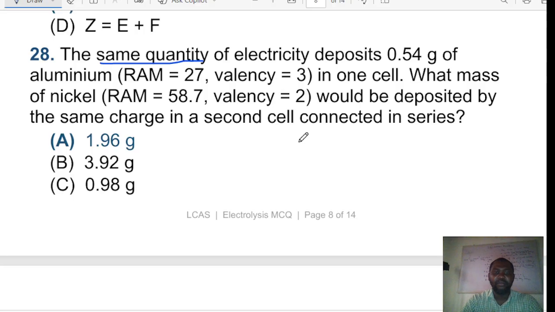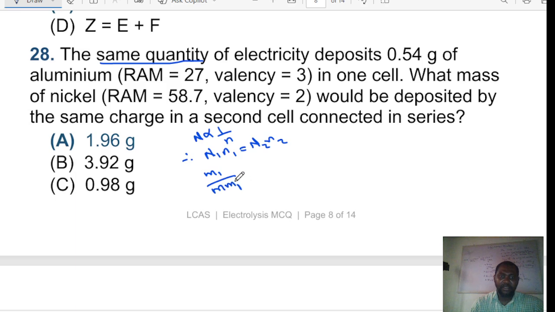According to Faraday's second law, the number of moles of substance is inversely proportional to the number of electrons, which means I can say N1 is equal to N2 for inverse relation, which I can write as M1 over molar mass 1, times its number of electrons, because number of moles is mass over molar mass, is equal to M2 over molar mass 2, times its number of electrons.